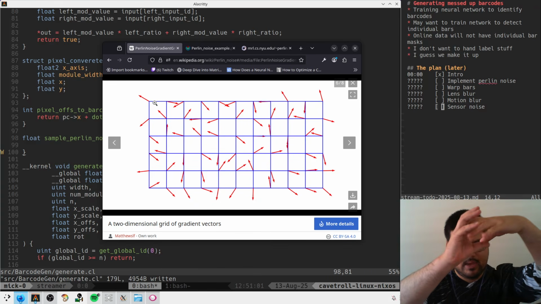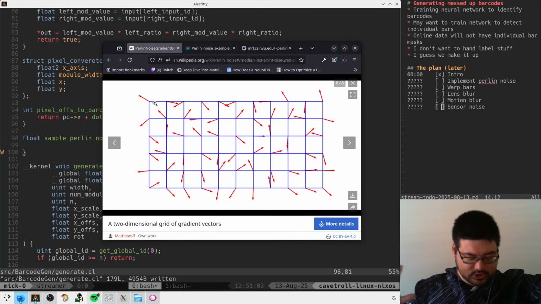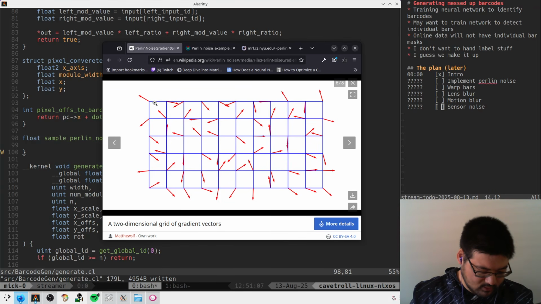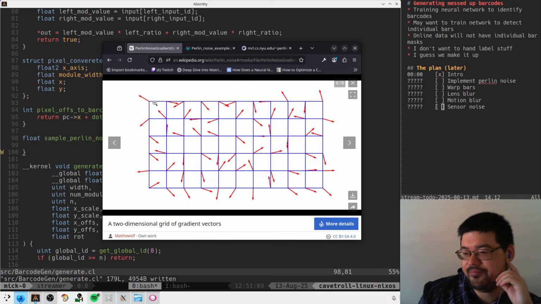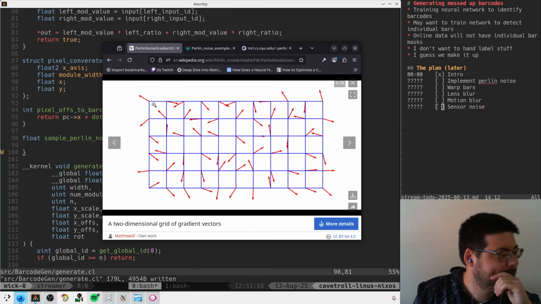Because you can imagine this grid could be infinitely large, in which case you don't really have a wrap width, right? Which is kind of interesting. Yeah, how do we want to handle that?